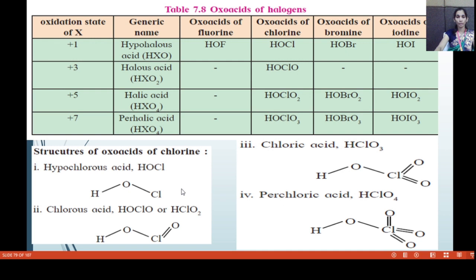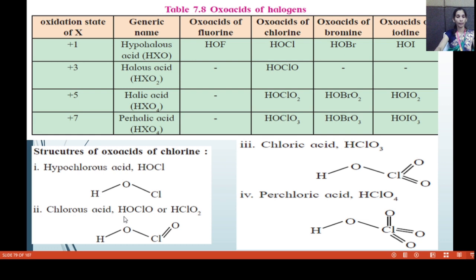The structures of the oxyacids formed by chlorine: HOCl is given here, that means hypochlorous acid. In hypochlorous acid, 1 hydrogen, oxygen and chlorine are bonded like this, HOCl.